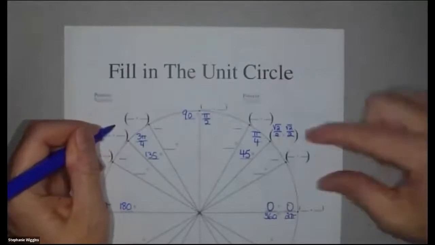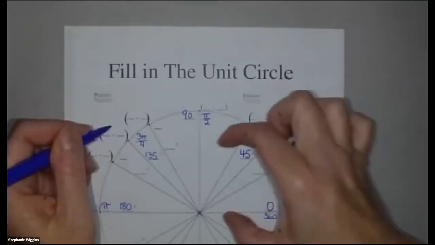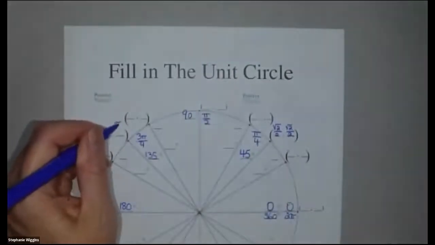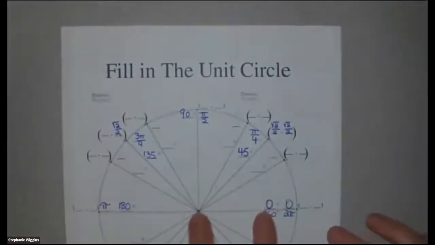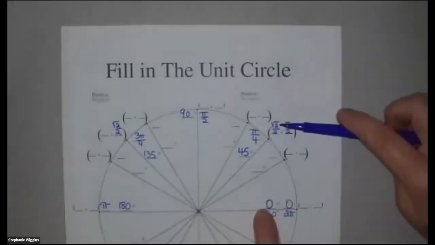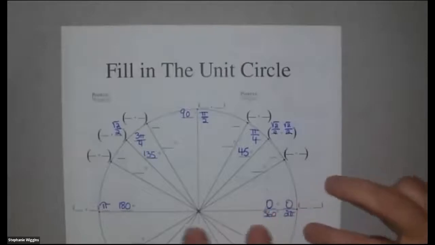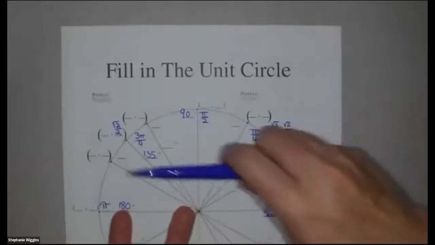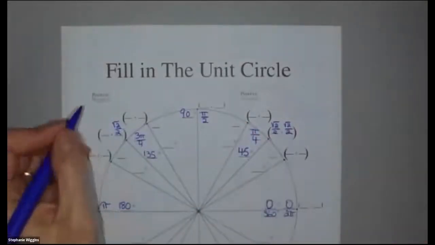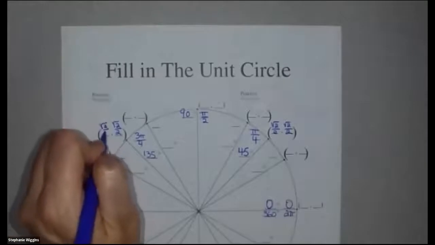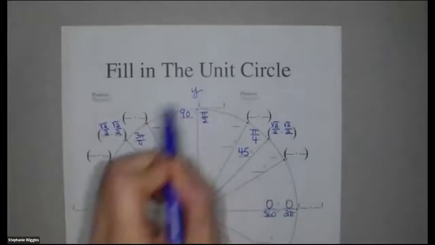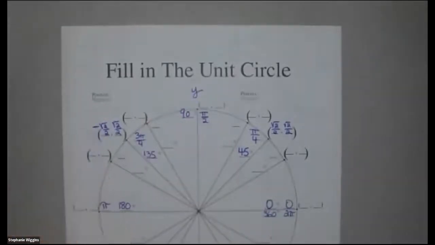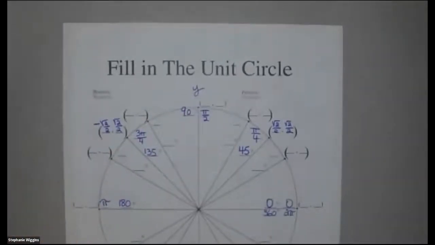So I can just transfer this height over here, so the y value is square root of 2 over 2. And I can flip this distance from the origin to here, this x value, that's square root of 2 over 2. I can just flip it over, so it's going to be the x value there, which is square root of 2 over 2. But because this is to the left of the y-axis, it's going to be negative, right? The x value is going to be negative.